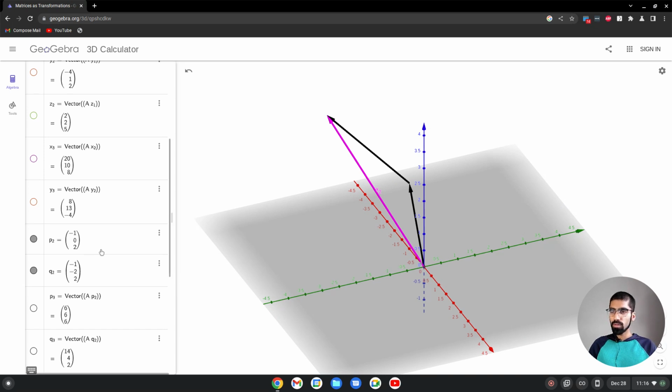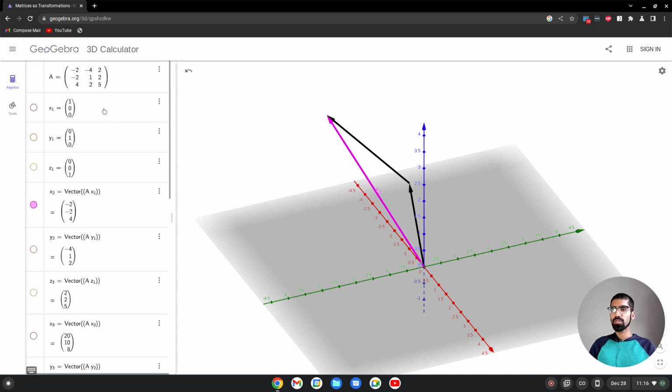Now, one thing that you should note is the structure of a matrix. I noted earlier how all of the columns are just equal to the transformations of these standard basis vectors. So 1, 0, 0 turns into -2, -2, 4, and so it's in the first column. 0, 1, 0 turns into -4, 1, 2, second column, and so on.